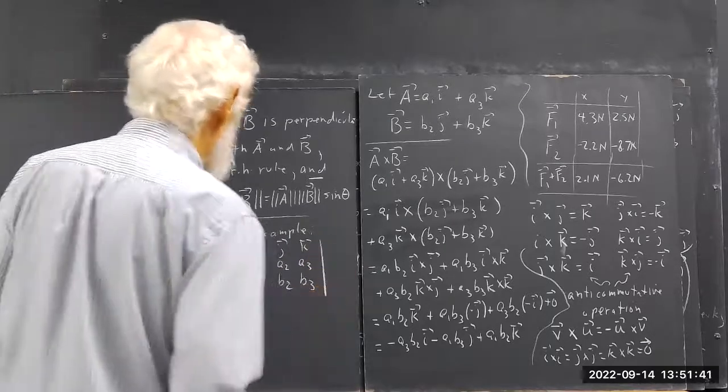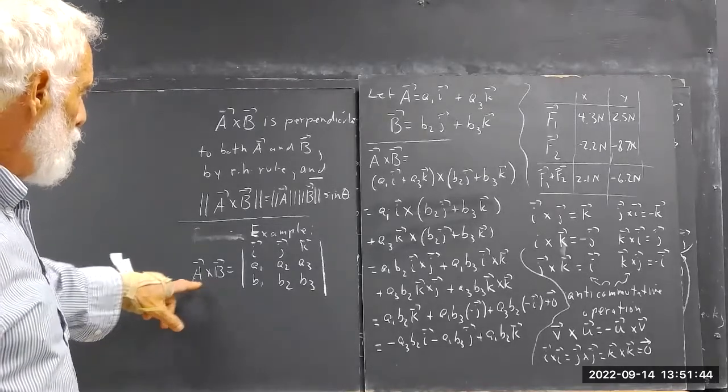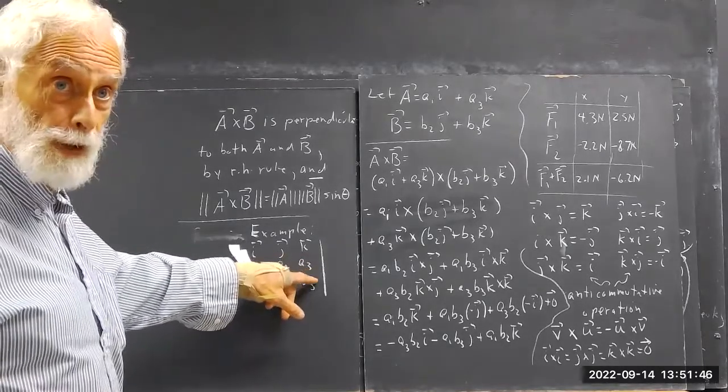I don't have time to write out all the conditions here, but obviously A is A1I plus A2J plus A3K.